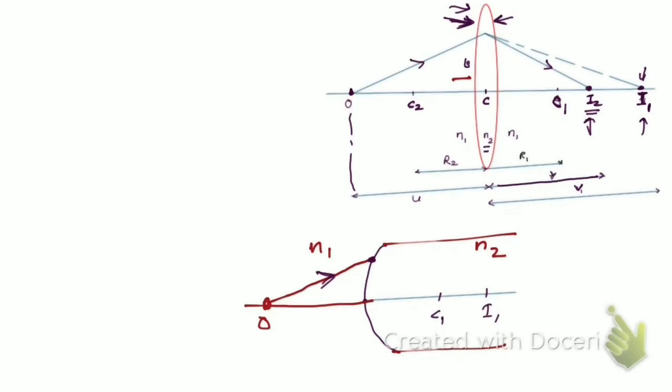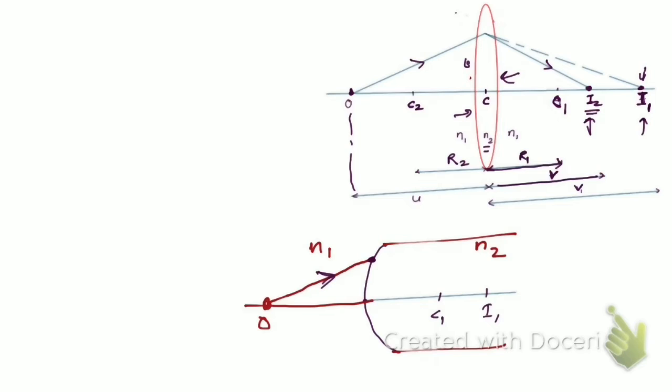This is v, and the radius of curvature of this surface is R1. The radius of curvature of the second surface is R2, here on this side, you can see, right? Hope you have understood this. This is R2.